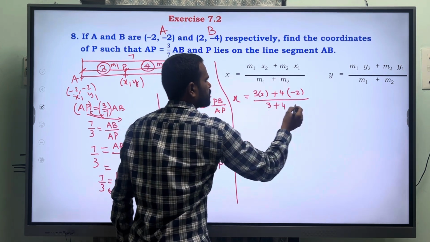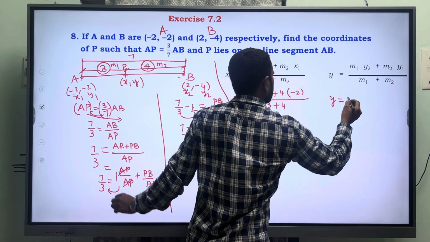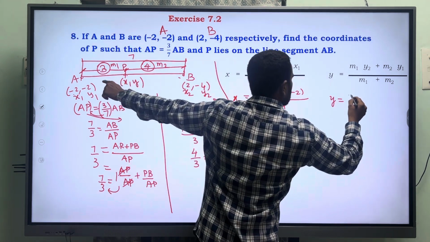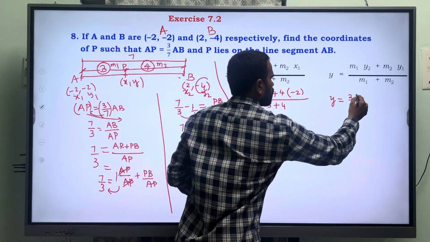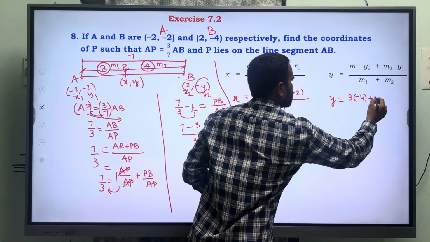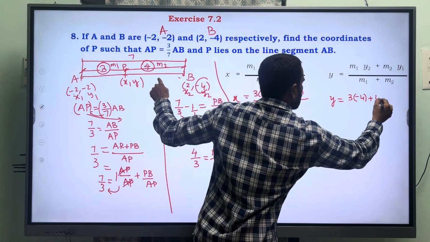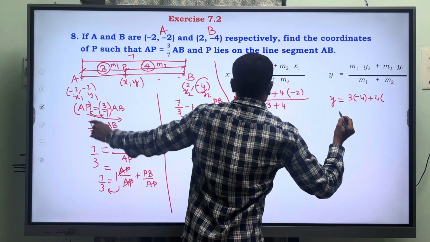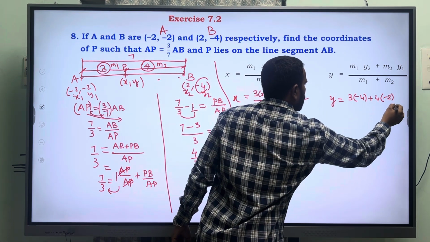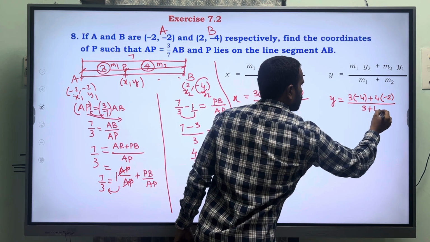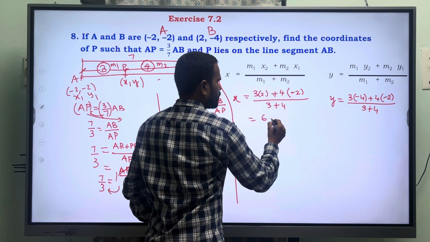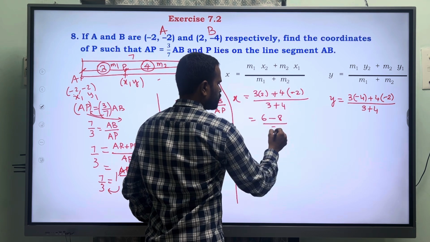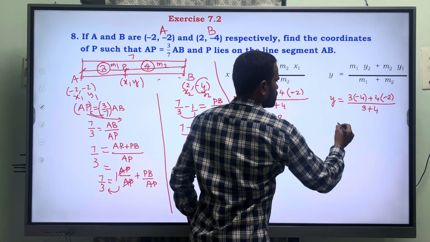So this is x, and y is equals to m1 is how much? 3 and y2 is minus 4 plus m2 is 4 into y1 minus 2 by 3 plus 4. So 3 2s are 6 plus into minus, minus 4 2s are 8 by 3 plus 4, 7, and this is how much?